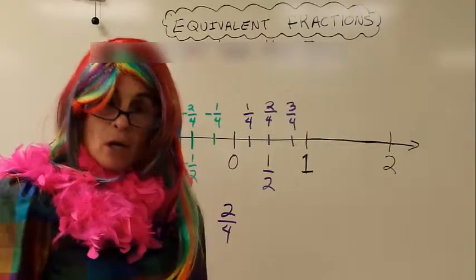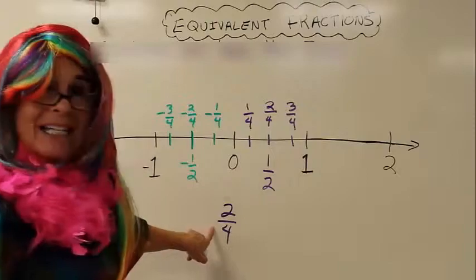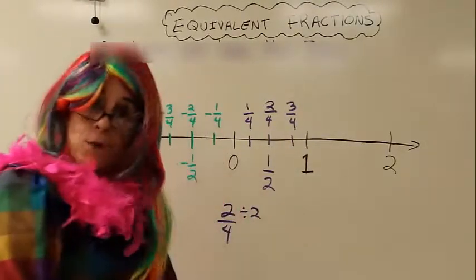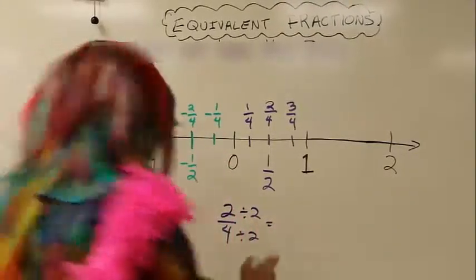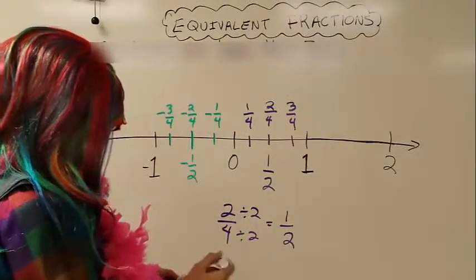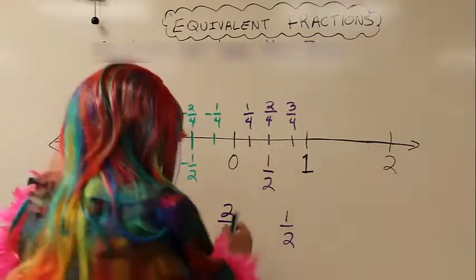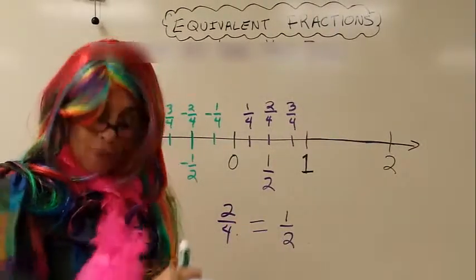And if there's a number, we can simplify that fraction. Oh, I can divide the 2 by 2, the 4 by the same number, and look what we have. A half. Well, then that must mean that 2/4 is equal to a half. They are equivalent fractions.